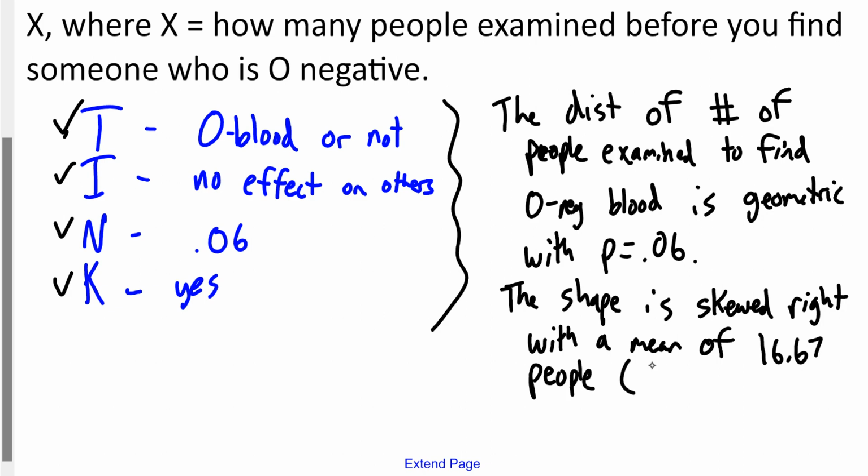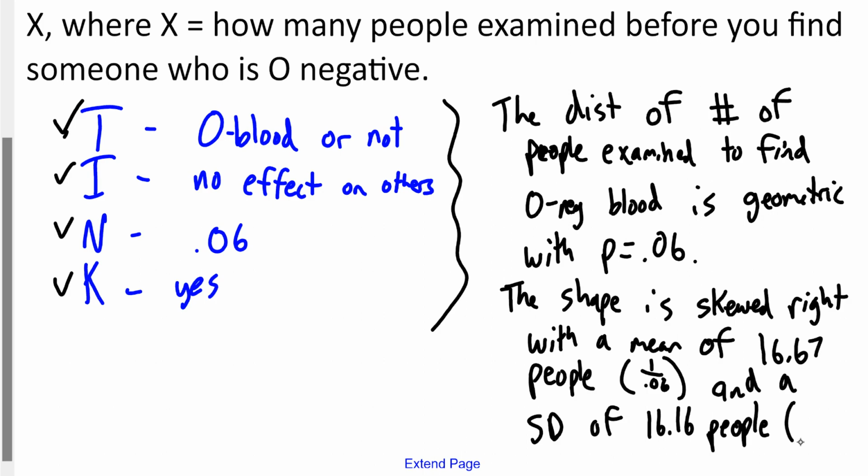How did I get that? I did 1 divided by 0.06. And a standard deviation of 16.16 people. How did I get that? I did the square root of 0.94, the square root of q, divided by p, which is 0.06.